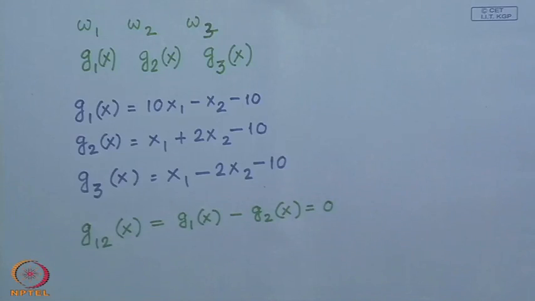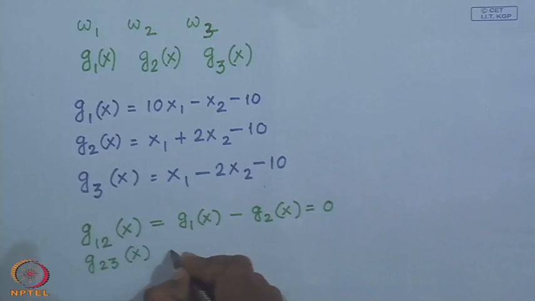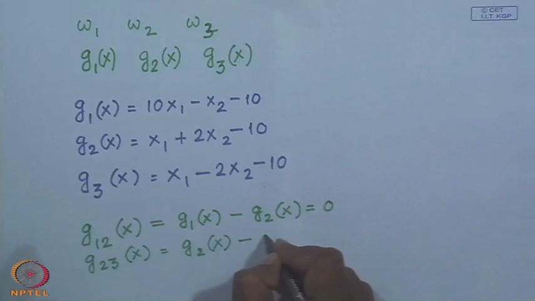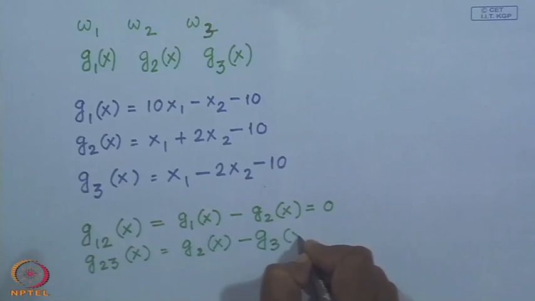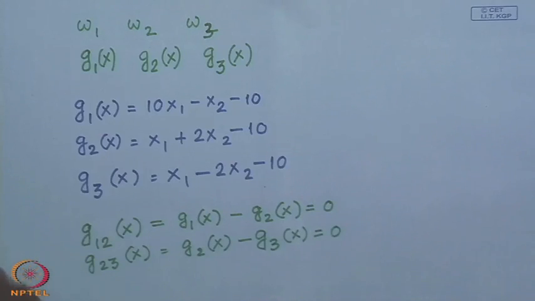Similarly, I compute g23x as g2x minus g3x, and I equate this to 0 to get the decision boundary between class omega 2 and class omega 3.